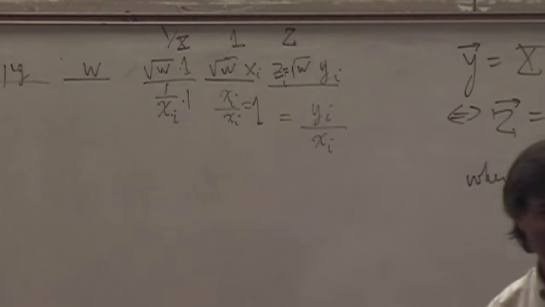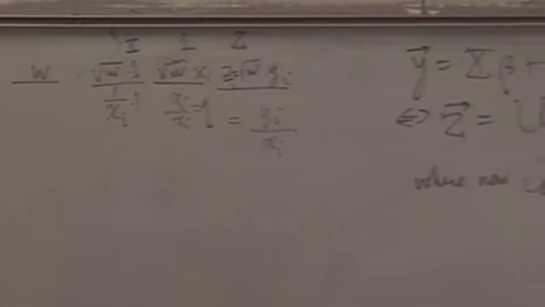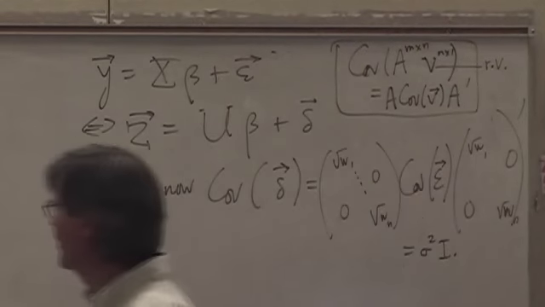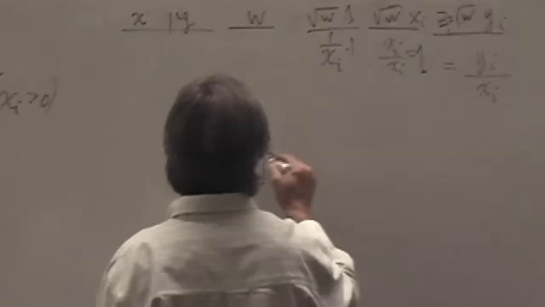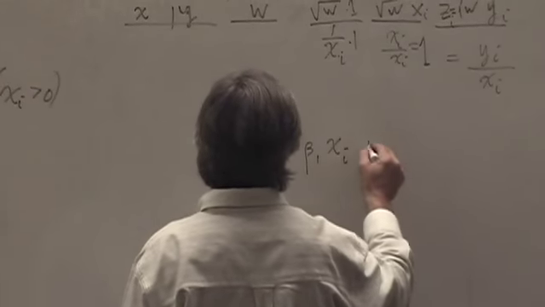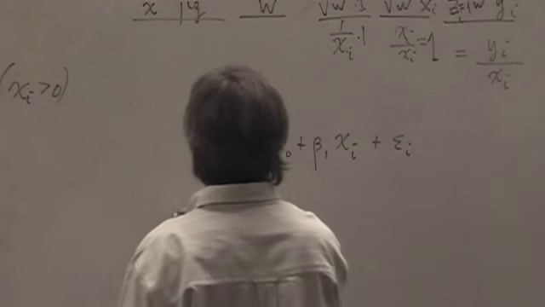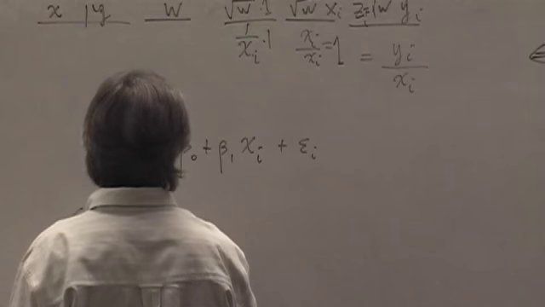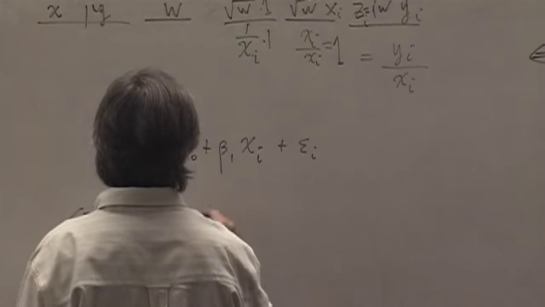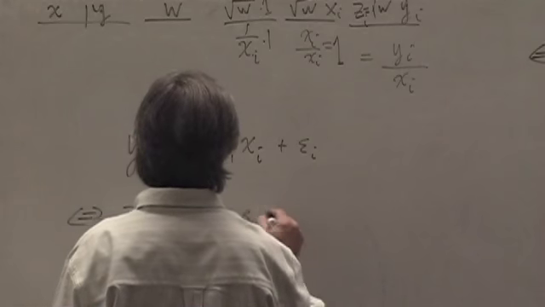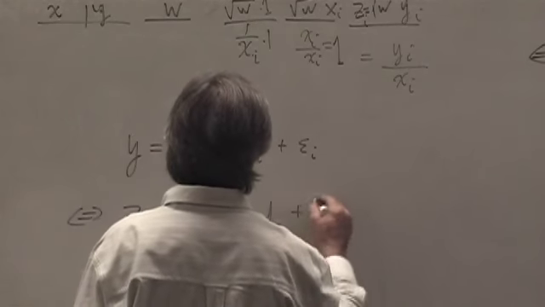That's kind of strange, because now I have an intercept model, right? So what I have is that y equals beta 0 plus beta 1 xi plus error if and only if z equals beta 0 times 1 over xi plus beta 1 times 1 plus delta i.